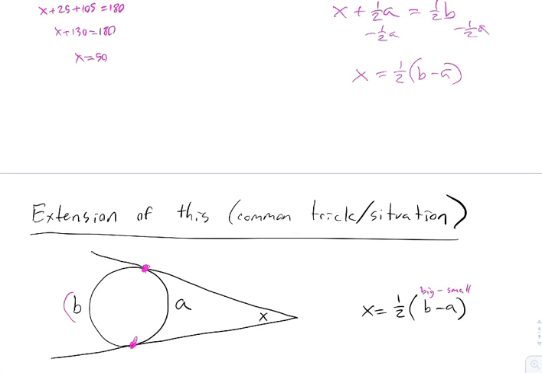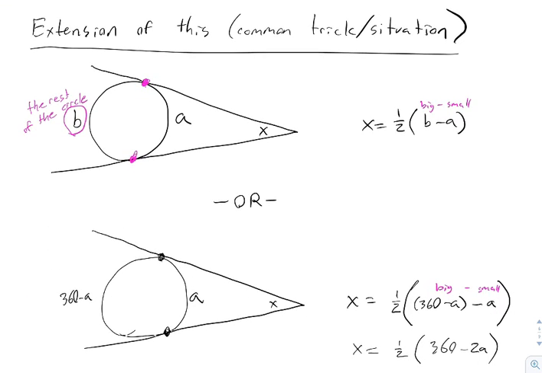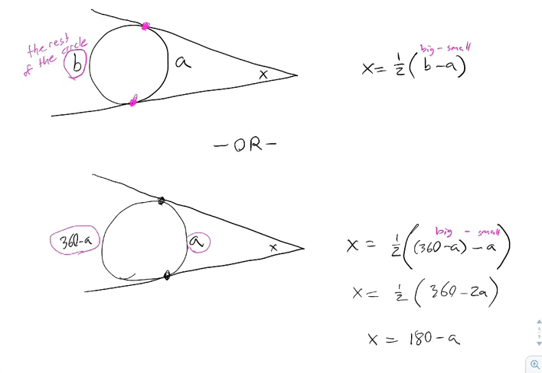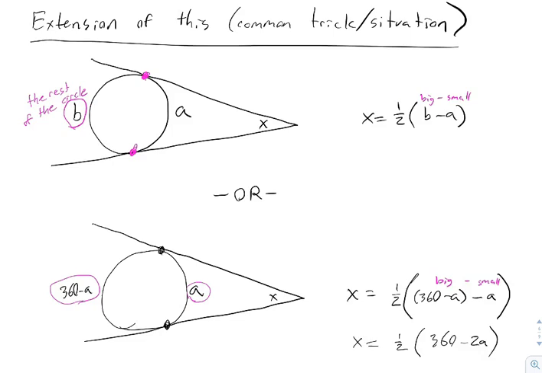Once we have A, we could rewrite this as the rest of the circle. And this is a common trick that comes up. So for example, x is, and here we put A, then on the other side, we just do 360 minus A because it's the rest of the circle. So here we get 1/2 big minus small, and actually algebraically, if you ever come across this situation, x is equal to the supplement of A. And that's something you could add to your sheet of notes if you wanted.